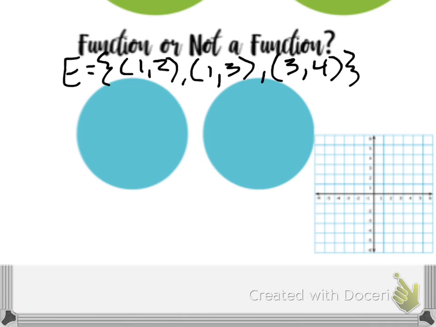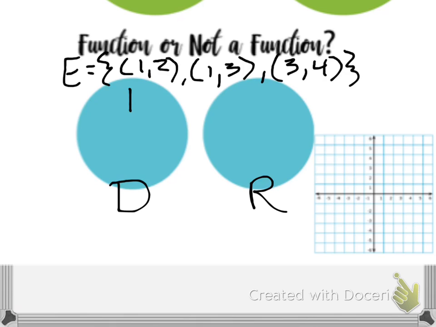Okay, so now let's look at this relation with the ordered pairs (1, 2), (1, 3), (3, 4). So we're going to list out the members of the domain and the elements of the range. So in my domain, the x coordinates, I have 1. I have another 1, but remember, I only have to write that one time. And I see that over here I have a 3. So my domain is 1 and 3.